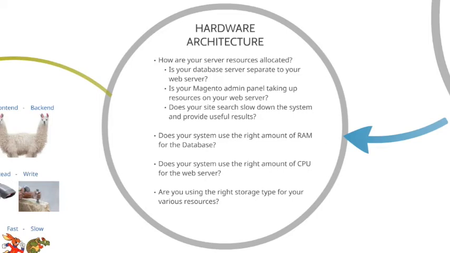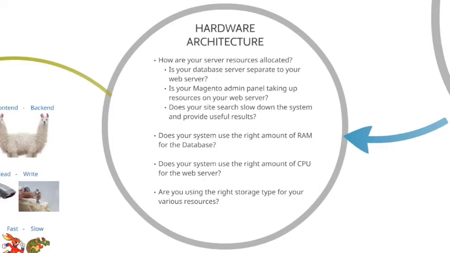It's quite a heavy PHP process and a query against the database, so that can really slow the system down. Whether or not your system uses the right amount of RAM for the database, which is quite a memory-intensive operation, and if your system uses the right amount of CPU for the web server, which is all PHP in Magento's case. So all of these things can be divided up, and whether you're using the right type of storage for your various resources is another question you need to ask.